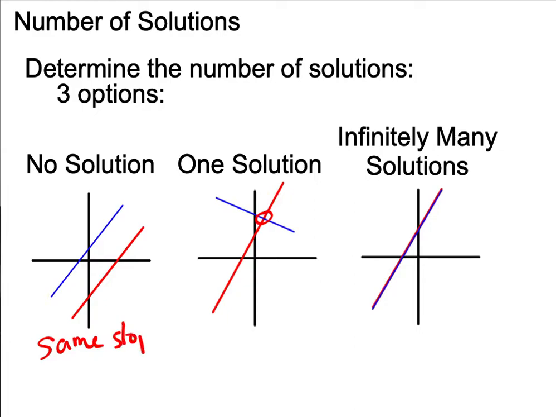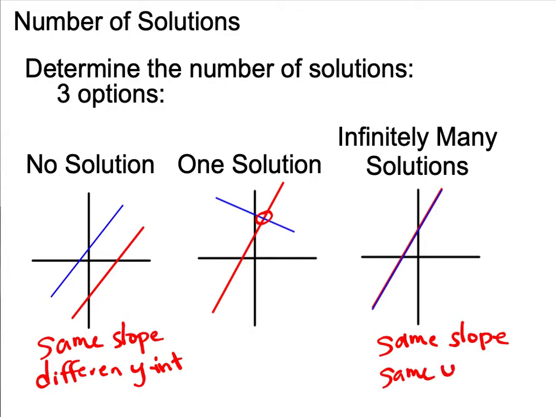So if we have the same slope and a different y-intercept, then we will have parallel lines, there will be no solution. You also could have the same slope in this situation, but it would also have the same y-intercept. If you have the same slope and the same y-intercept, it's the same line, therefore there are infinitely many solutions where every point on the line is a solution.